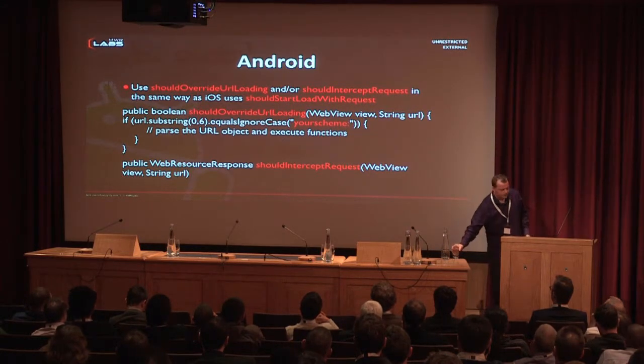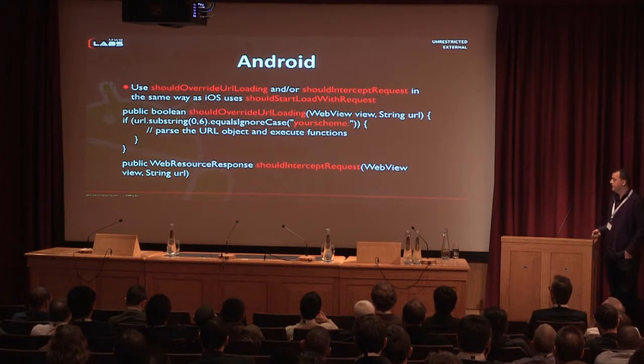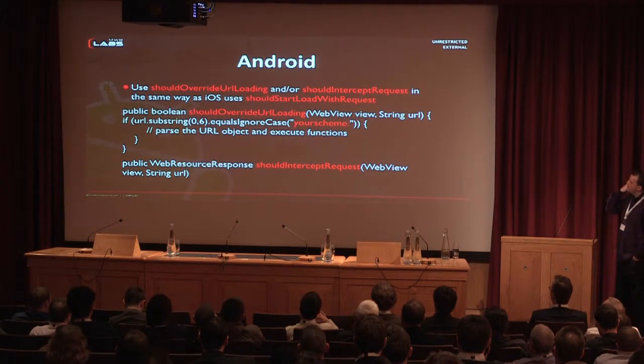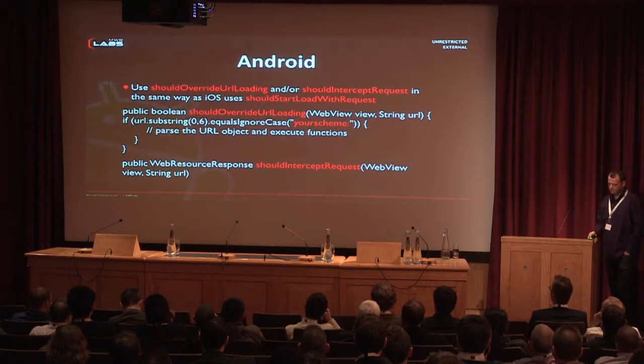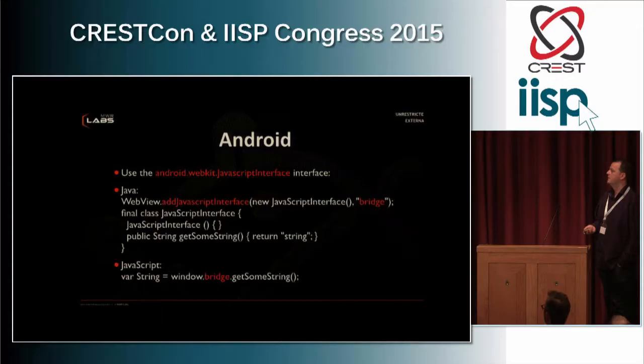Android's a bit more complex because they like to give you a lot of choice. So you get different methods. This one is shouldOverrideUrlLoading, which works in exactly the same way as the iOS version, trapping the web request. Then there's the Android JavaScript interface. We'll cover a bit on that later, but I think everyone knows what's wrong with that, and if not, we'll just skate over it later on.